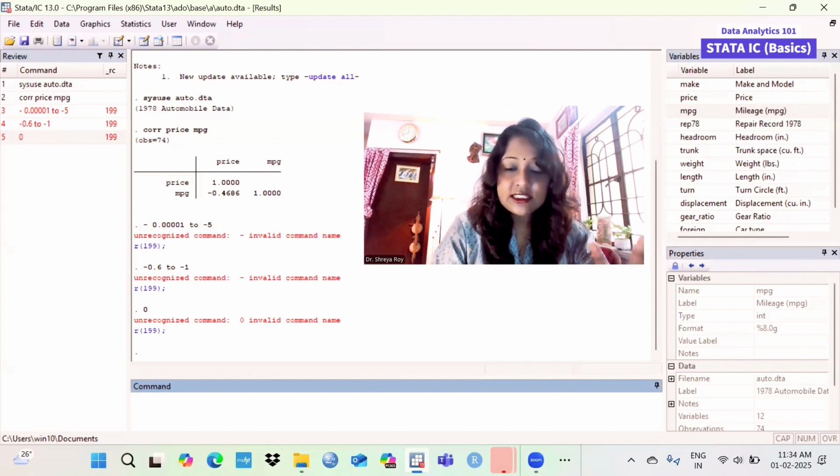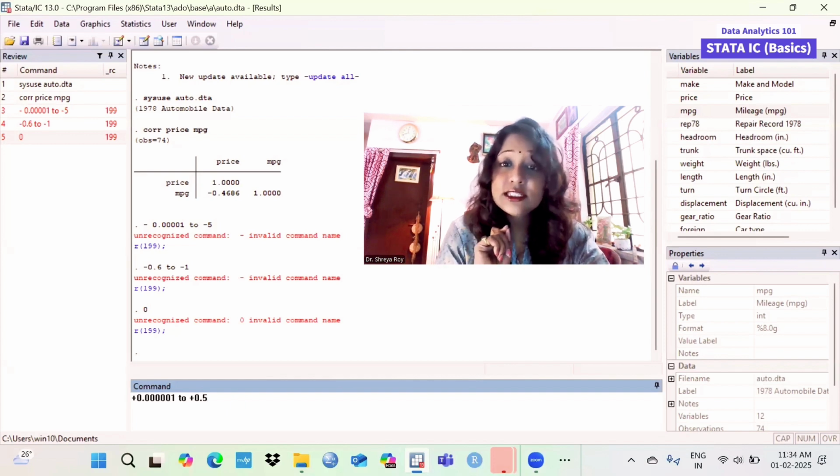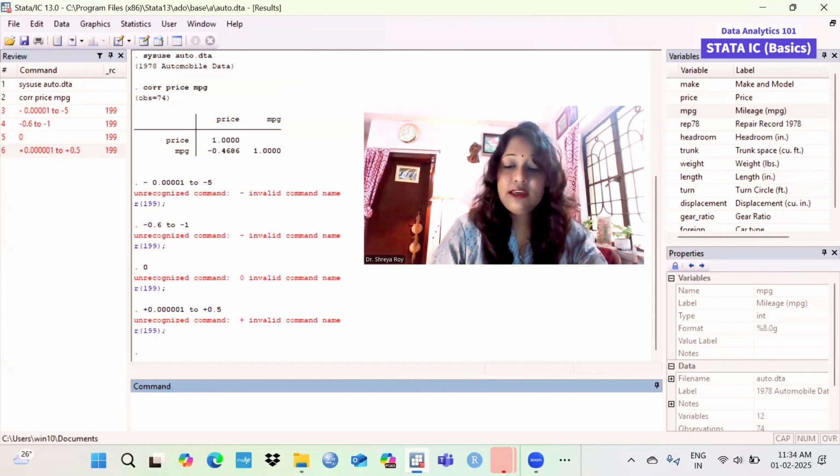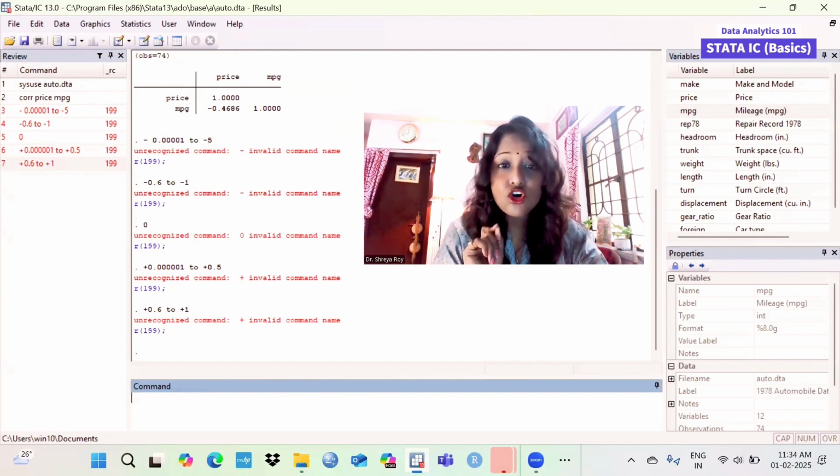If it is positive 0.00001 to positive 0.5, it is weakly positively related. If it is positive 0.6 to positive 1, it is strongly positively related.